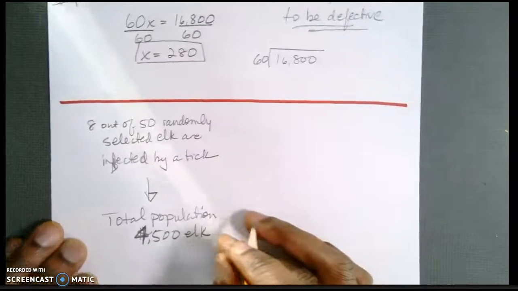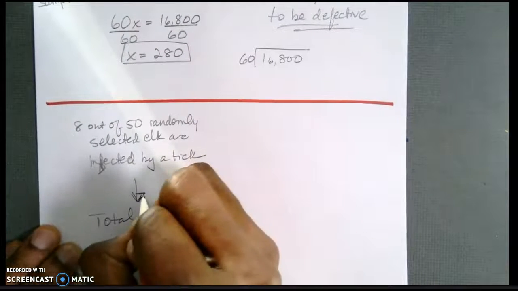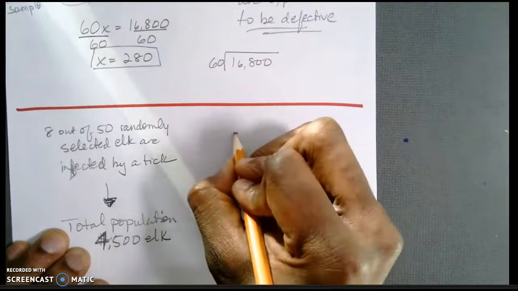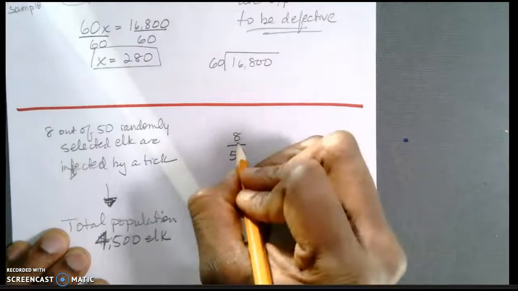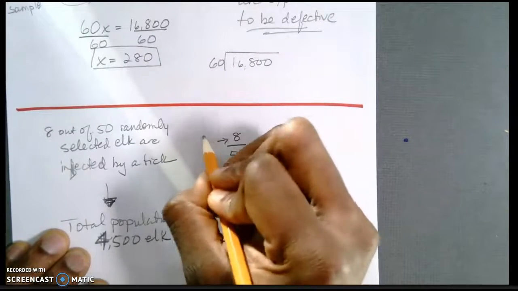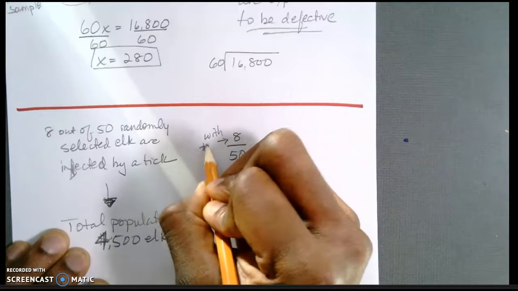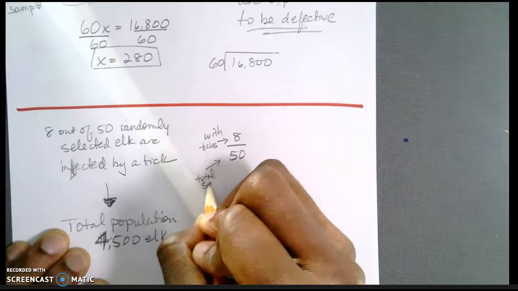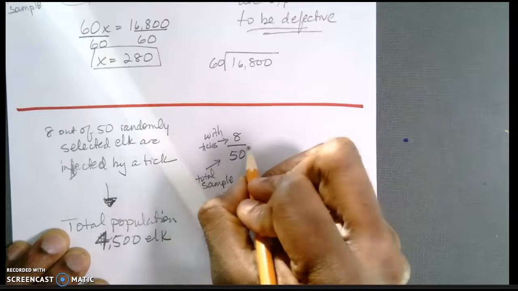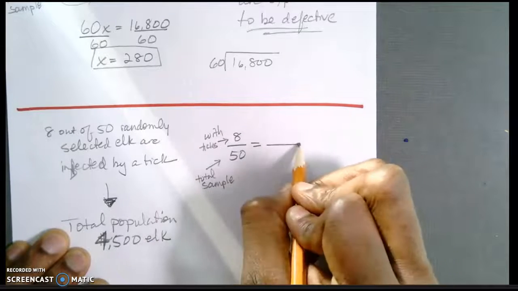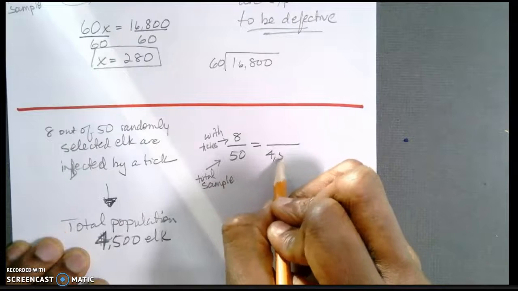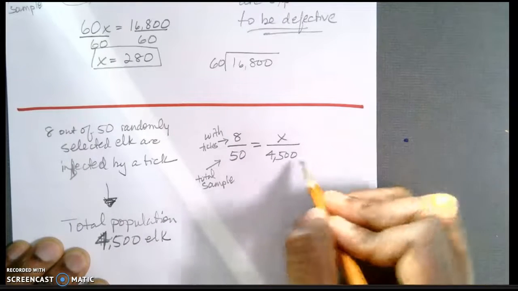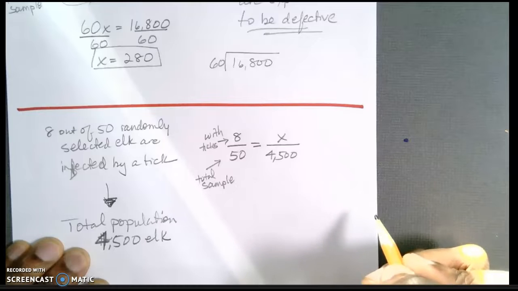I'm going to set up a proportion similar to what I did earlier. That is 8 of 50, infected with ticks, total sample, and I'm going to set that equal to the total population. So remember, part over whole: some part over the whole population are expected.